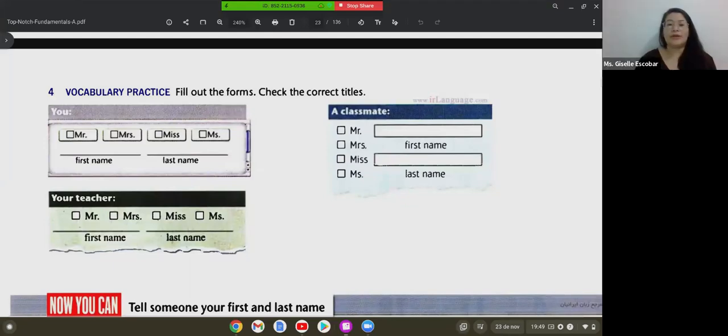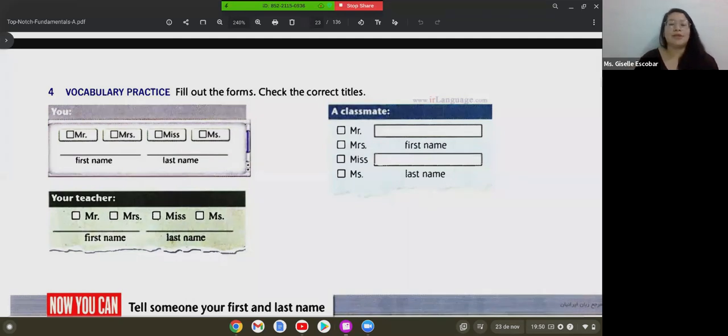Okay. Perfect. So let's see with the pronunciations. Okay. Let's focus on the pronunciations. First name, last name. So remember that the I, the letter I in this word sounds like an E. Okay, la letra I suena como una E, right? First name. First name and last name. Okay, perfect. Thank you, Ana.